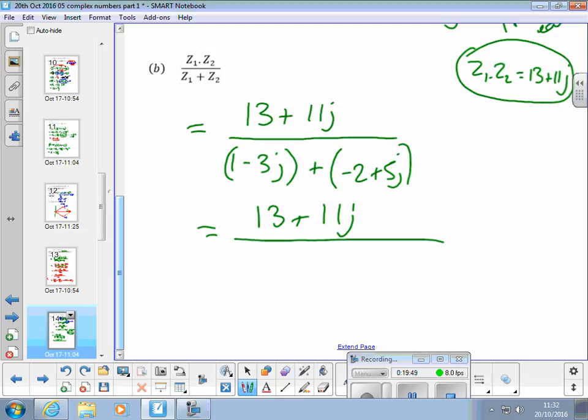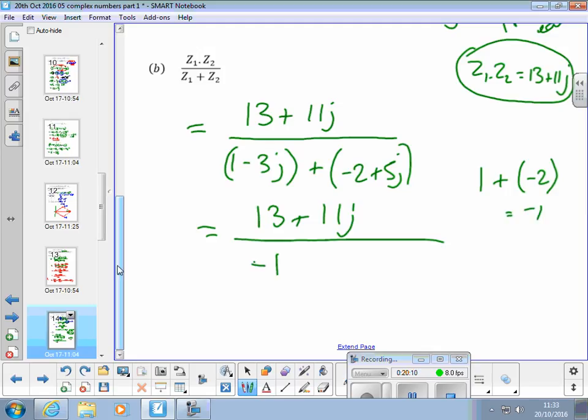How do we do this addition now? 1 plus minus 2 is minus 1.